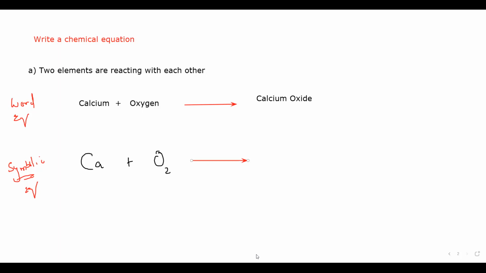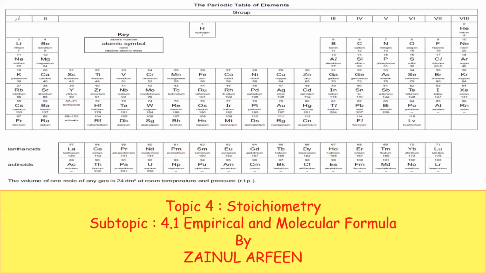The valencies: group 1 valency is +1, group 2 is +2, group 3 valency is -3, group 4 is -4, group 5 is -3, group 6 is -2, group 7 is -1, and group 8 is 0. So we want to write the formula of calcium oxide. Calcium belongs to group 2, so its valency is +2.